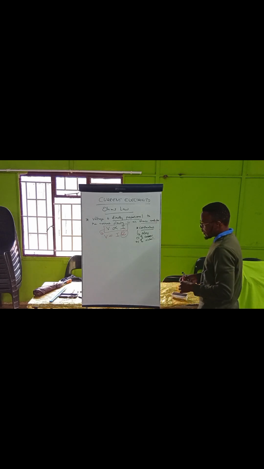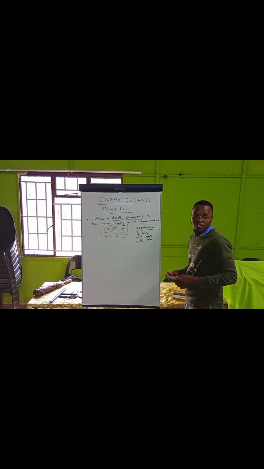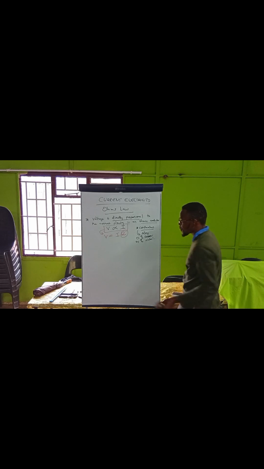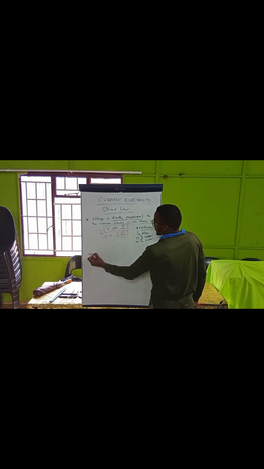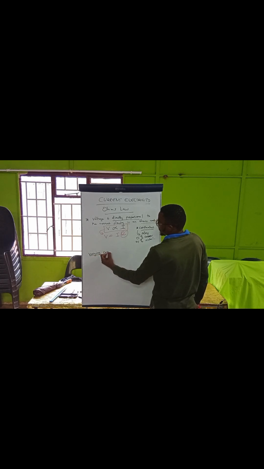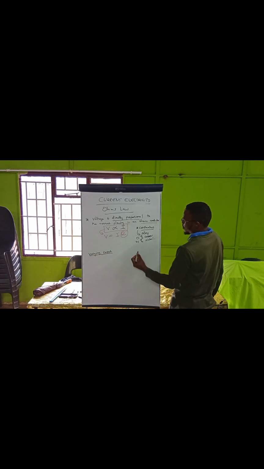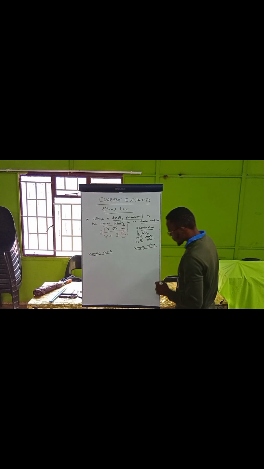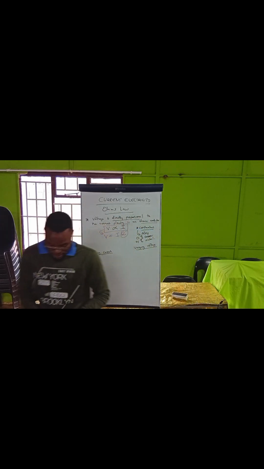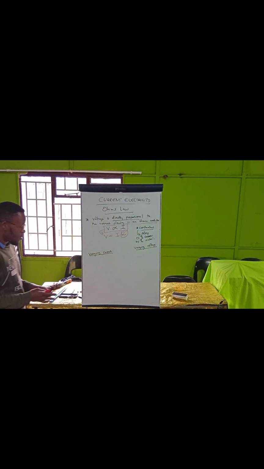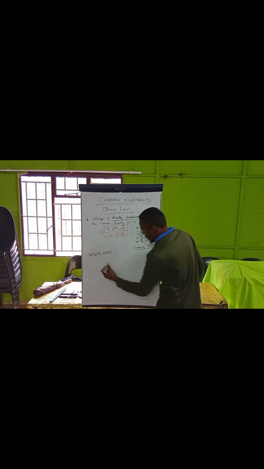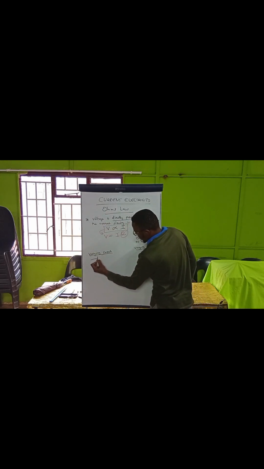So the experiments that he did, there are two, and they both gave the same results. The first one, he varied current, and the second one was varying voltage. So he made a basic circuit.